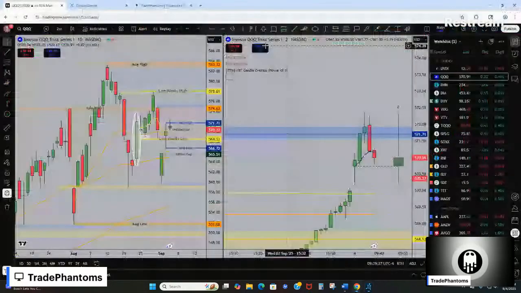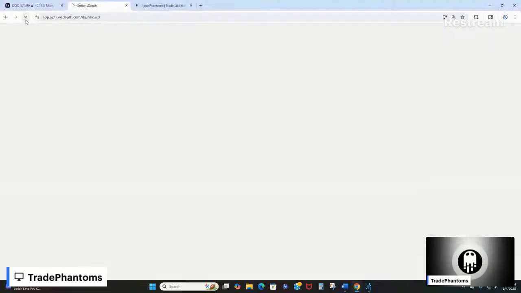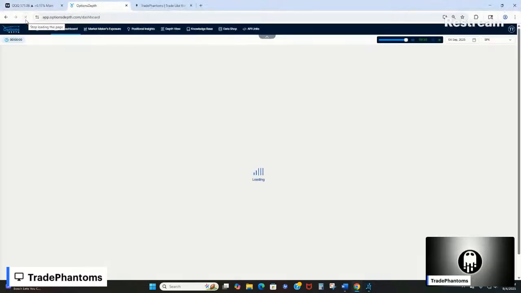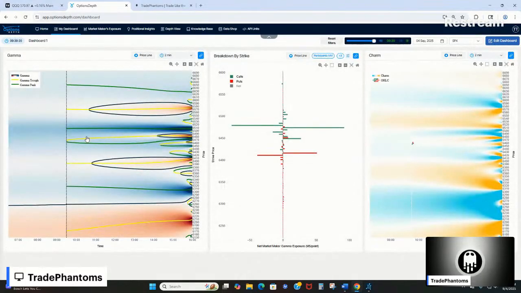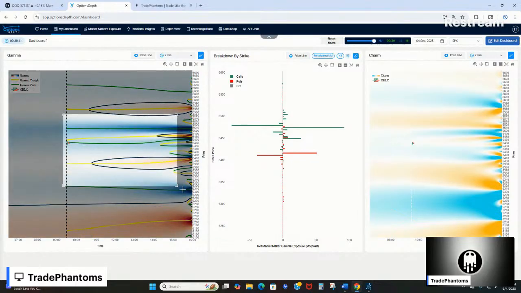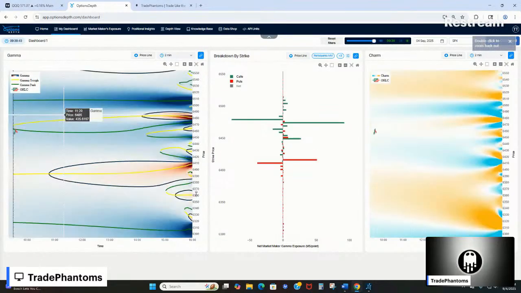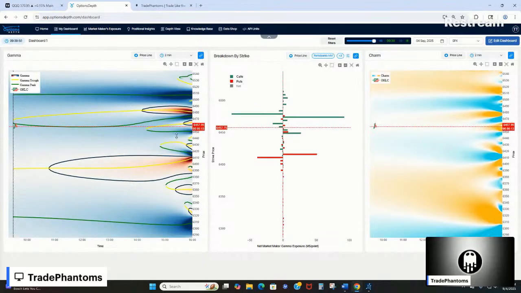S&P's tagged its overnight high real quick, reacted off that. 64.50, we have a decent little positive gamma node there.